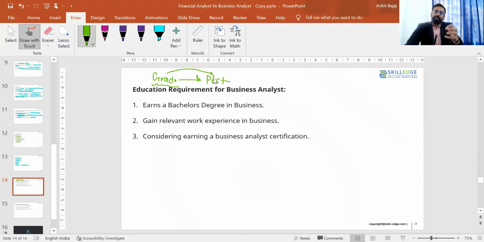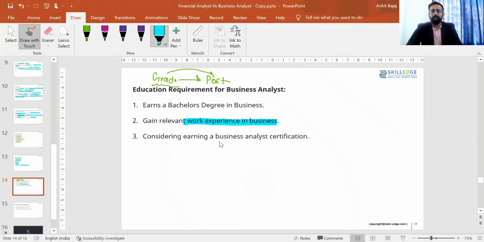Otherwise, you can just go for post graduation right after your graduation, right? Then you should have relevant work experience in business, right? You should understand the business, and if you want to understand the business, you should have work experience in some corporates, right? If you are working in corporates, definitely you will be able to understand the models of their business, and you will be able to find out what problem generally organization face.